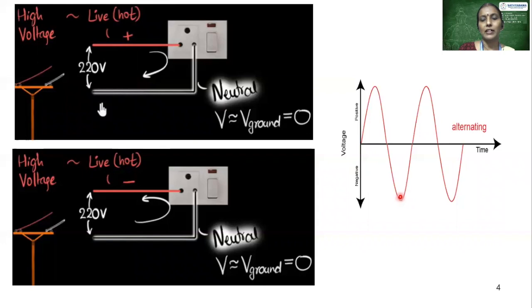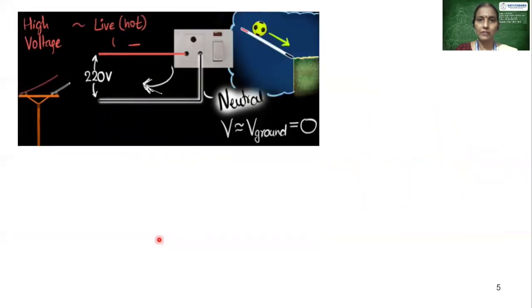When the voltage is at negative maximum, the current will flow from neutral to the phase terminal. In this condition, the voltage will be positive maximum. In this case, the voltage will be negative maximum in the phase wire, whereas the neutral wire will always have 0 potential.